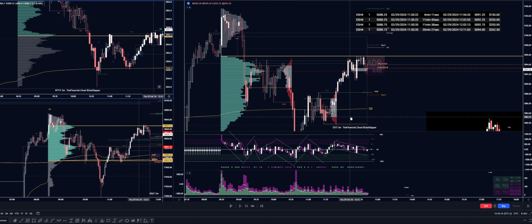So what am I looking for to confirm that we can see a trade back out of this range and into this previous auction? Well, a couple things. One, we want to see everything trading together. We want to see the ES make this move, as NQ makes this move, and as Russell continues to make its full rotation.